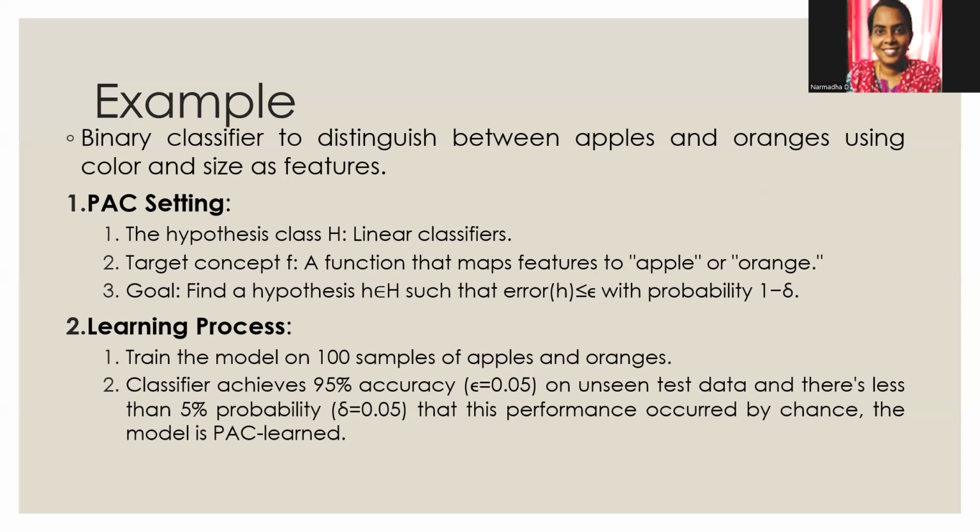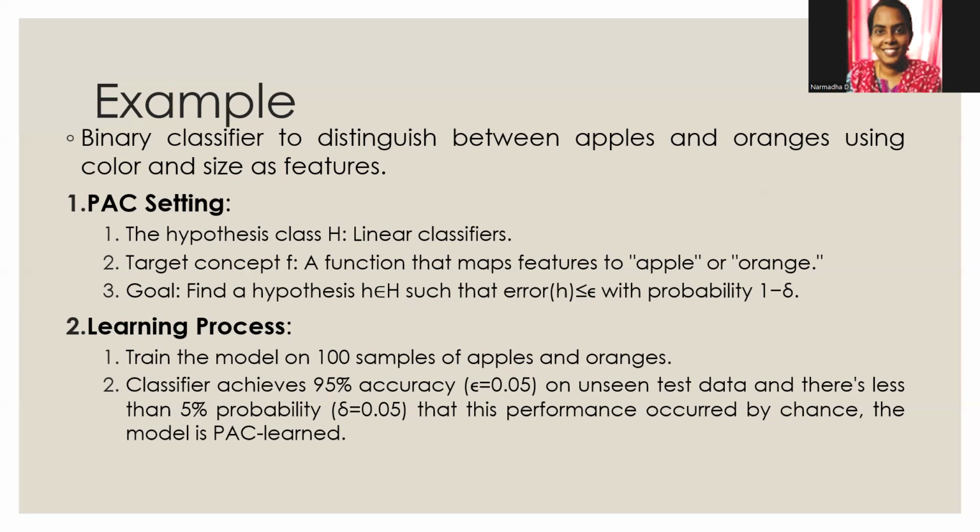For the learning process, consider that you are going to train your model with 100 samples of apples and oranges. If the classifier achieves 95 percent accuracy, then the error is only 5 percent.